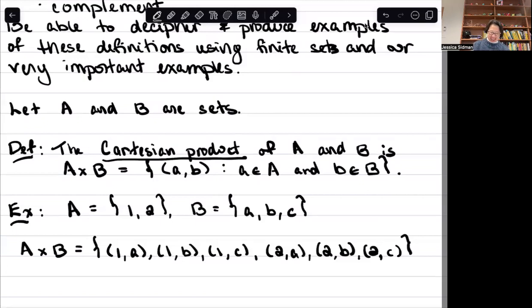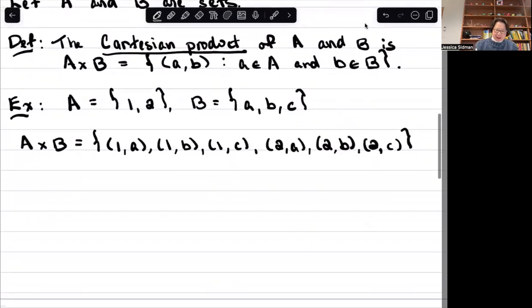All right, the next operation that I want to tell you about is the definition of a subset.